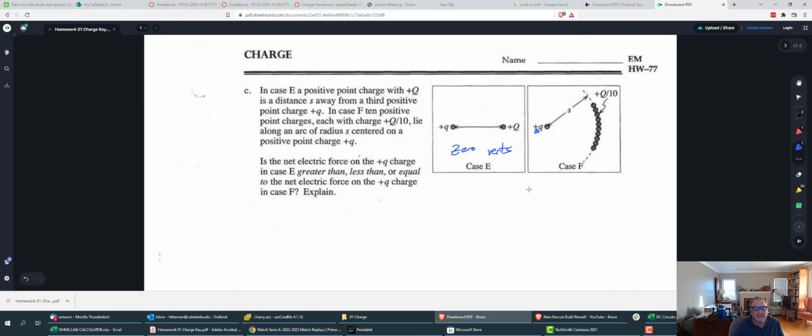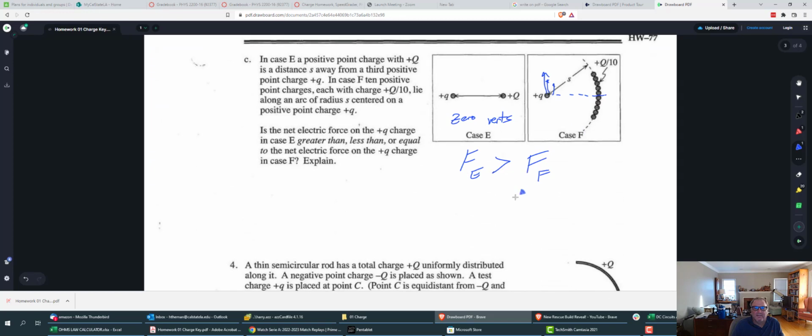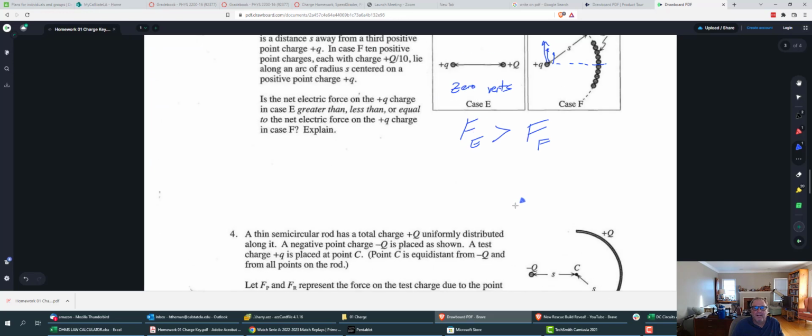But in any case, F of E is greater than F of F, because each one of these charges is going to have a certain amount of vertical component, whereas here there are no vertical components. And so that's what the comments say: vertical E is equal to 0.